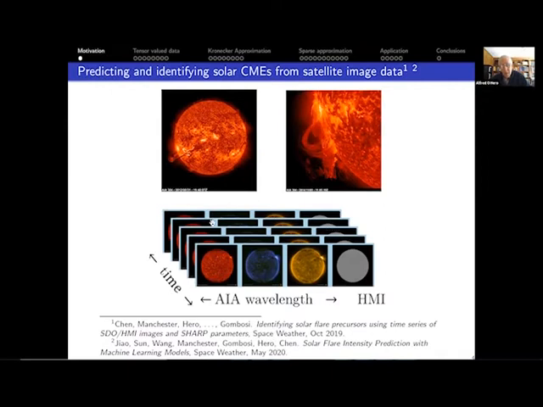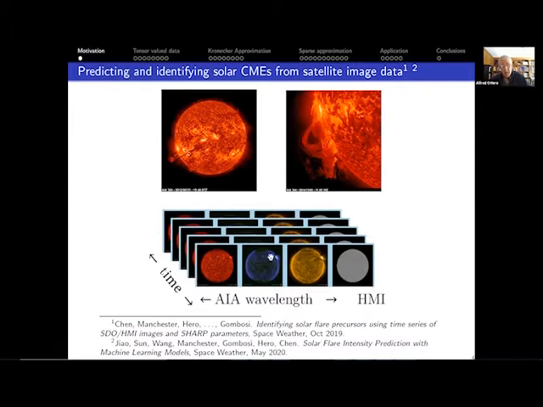So the effort here is to build from a matrix of observations over time with various sensors, and there are several satellites that orbit around the sun and collect different types of information about electromagnetic fields and atmospheric activity on the sun. So you have this tremendously large data matrix.